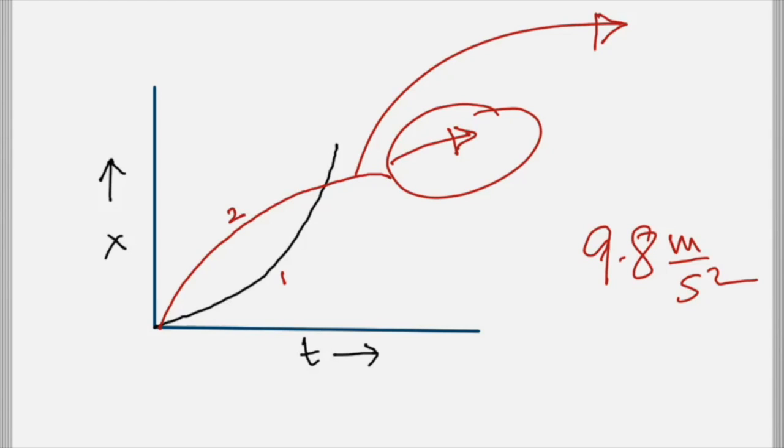Both at the same time, because acceleration does not depend on the mass. Acceleration due to gravity is the same for all objects. I'm not talking about a feather or a piece of paper, because that will be affected by air resistance. Now, going back to a raindrop, I have to finish my story.